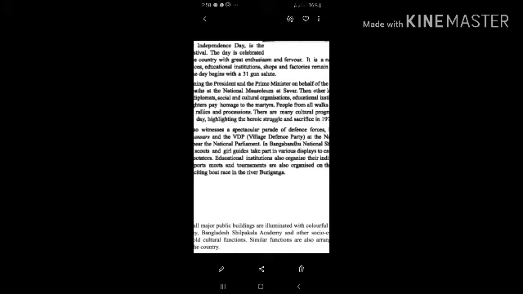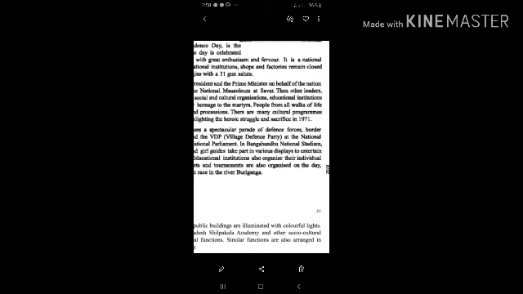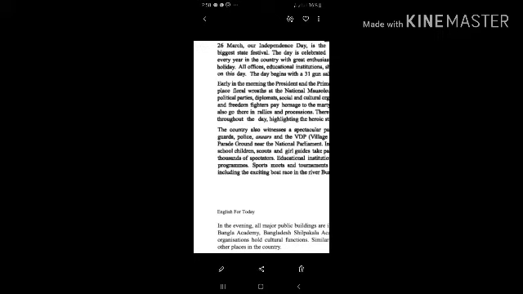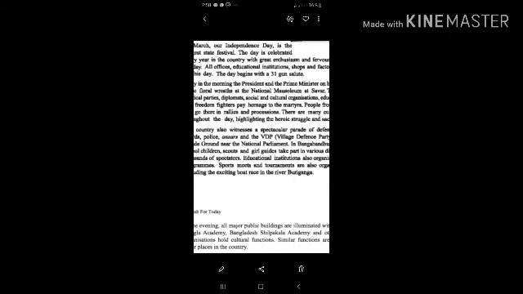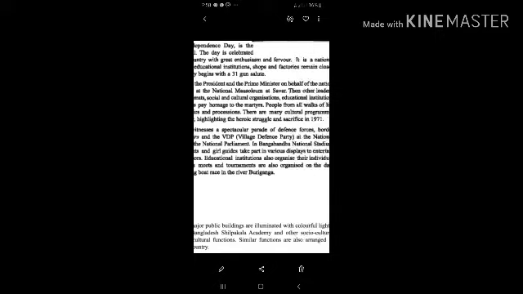People from all walks of life also go there in rallies and processions. That means all classes of people also go there.